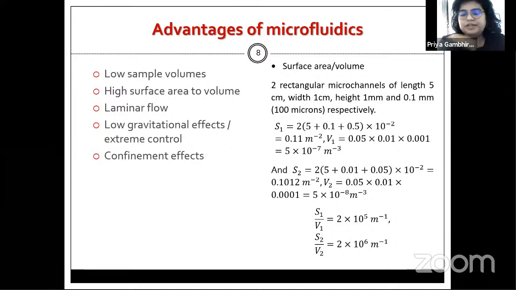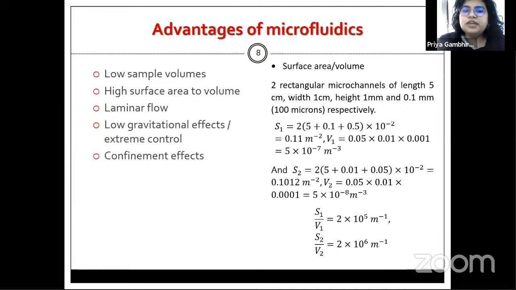Then you have confinement effects because, as I said, most biological fluids have cells within them. For example, blood has blood cells, lymph has lymphocytes flowing through them. All these cells are actually of micron-sized dimensions.